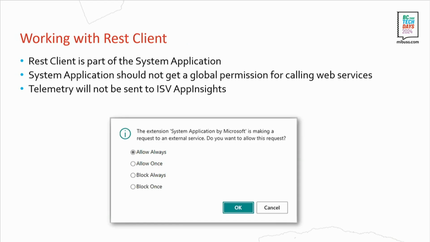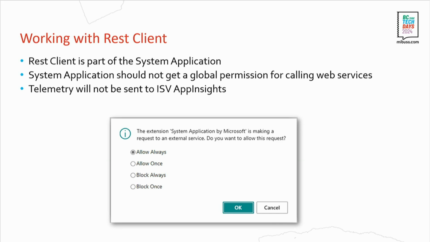So the REST client is part of the system application. That also means that if you are using the REST client, you will get a question. Do you allow the system application to make a request to an external server? That's maybe not what you wanted, because the system application should not get global permission.